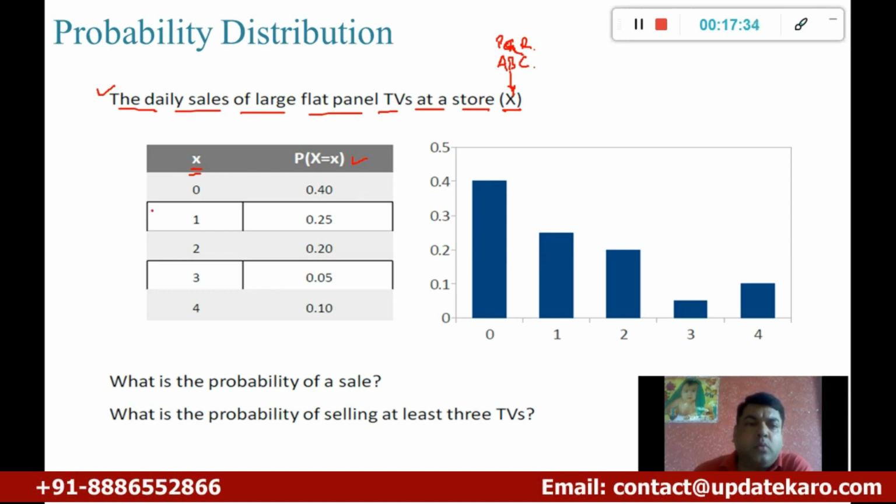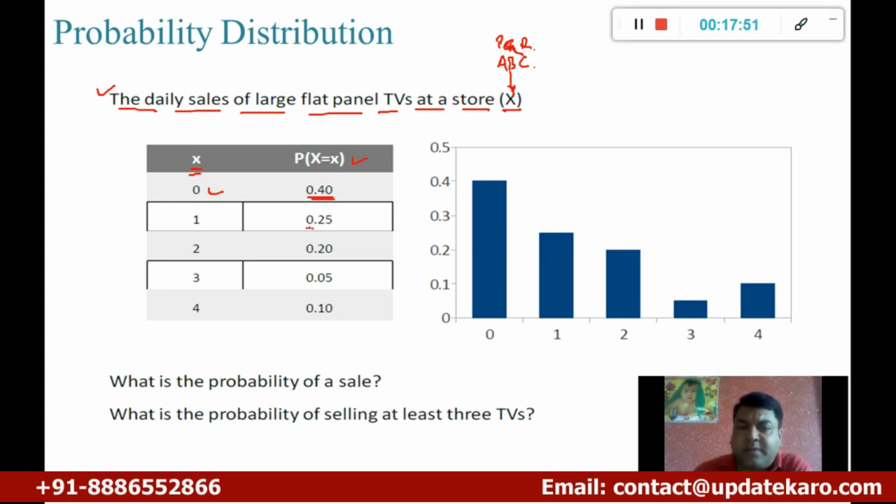Now there is a 40% chance or probability that in a day 0 televisions can be sold. This is the interpretation of this data.